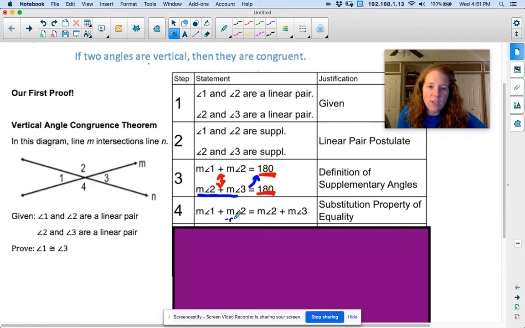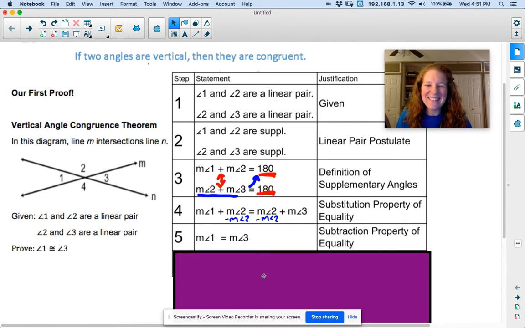You don't have to always show this step, but I'm allowed to subtract this measure of angle 2 as long as I subtract it from both sides of my equation. And that's called the substitution property of equality. I did a drum roll and then said the wrong thing. It's the subtraction property of equality, which says that I can subtract the measure of angle 2 from both sides, and it leaves me with measure of angle 1 equals measure of angle 3.